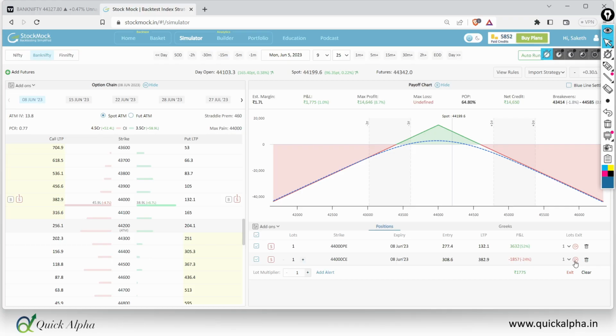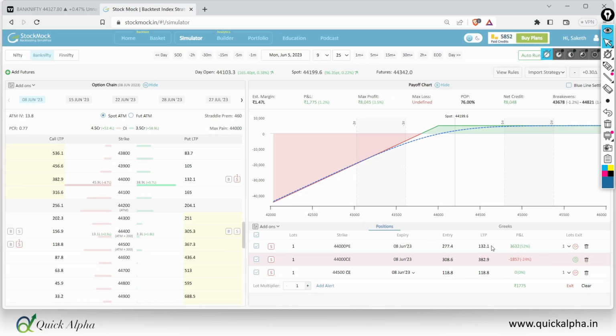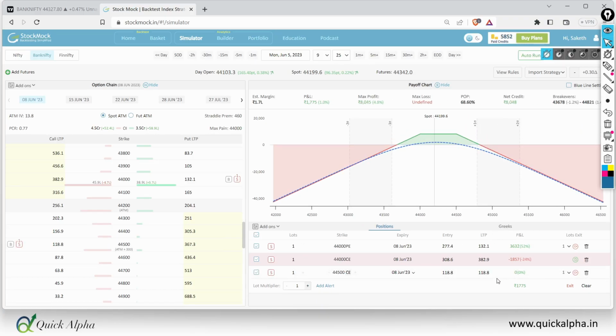First, I am going to exit my call option and then push it away to 44,500. So right now I have pushed my call option to 44,500. It's trading at 132 and 118 and overall I have made a profit of 1,700 rupees as of now.